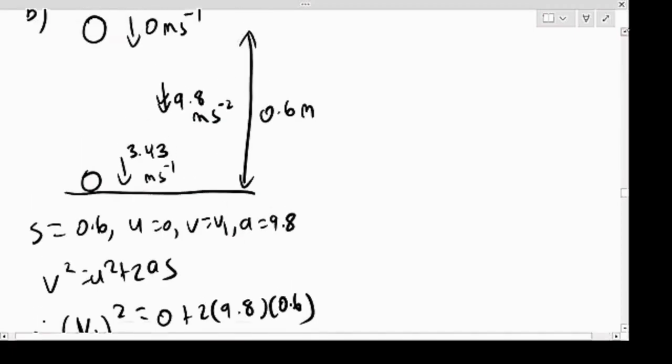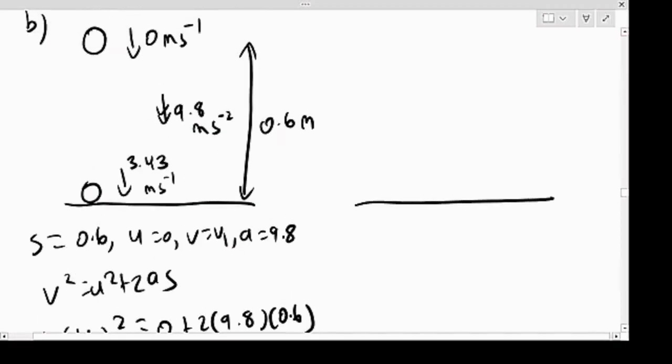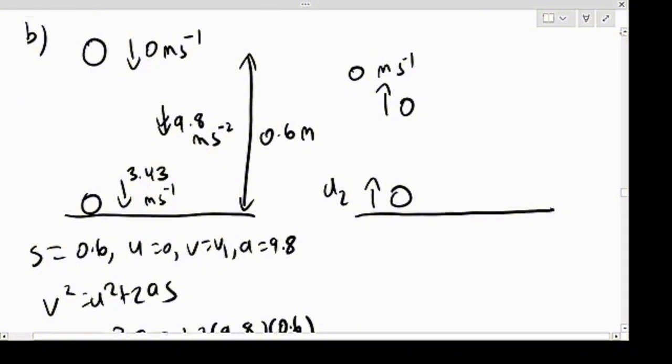Now, then it's going to bounce back up again. Okay. And then it's going to reach a height, a speed 0. Okay. And then it's going to leave with an initial speed u2. Okay, so now this is second bounce, so that's the speed after the second bounce.